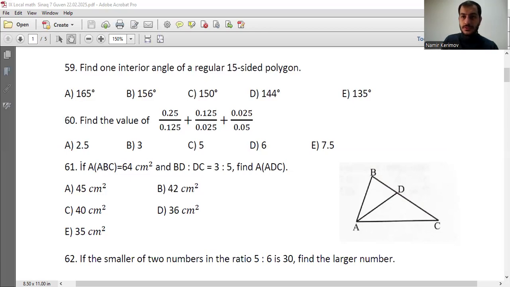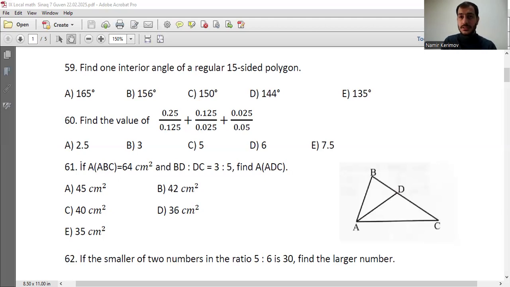Then you can substitute (15 minus 2) over 15. It's better to simplify. So 13 and 15. Let's simplify 180 and 15. That will be 12. So 12 times 13, that will be 156. But I prefer the other method.